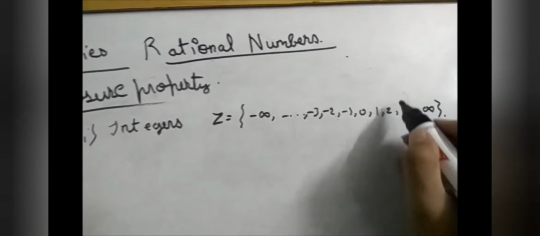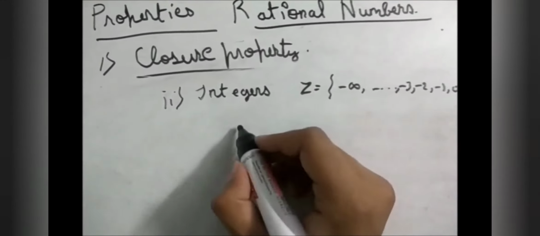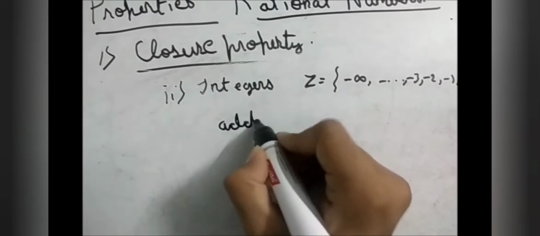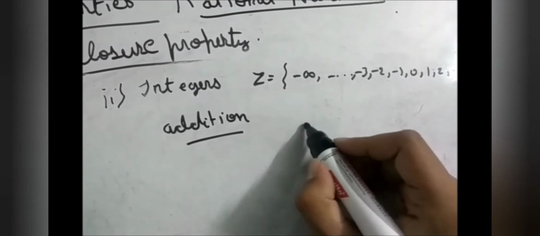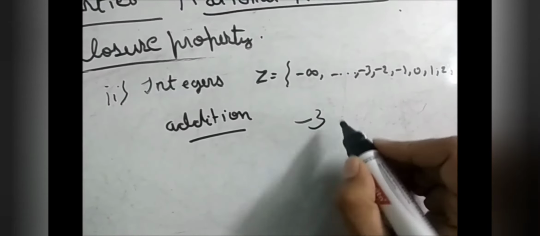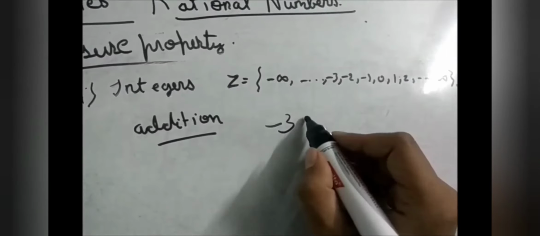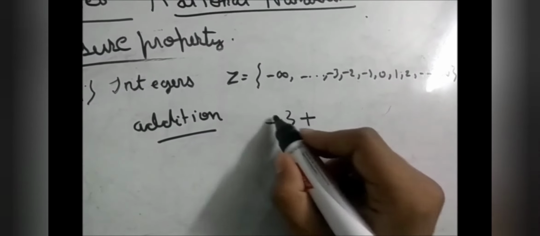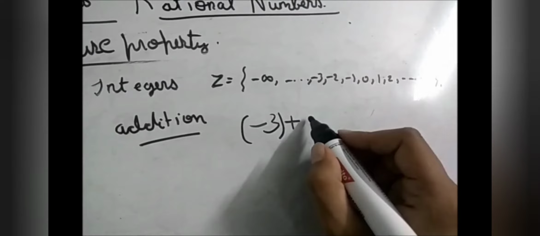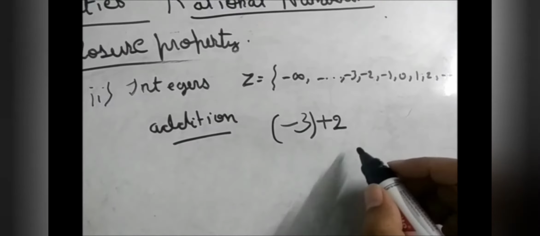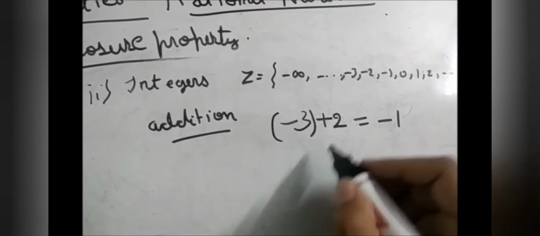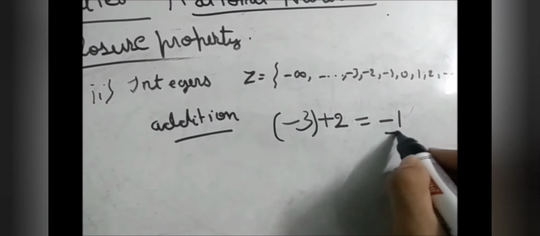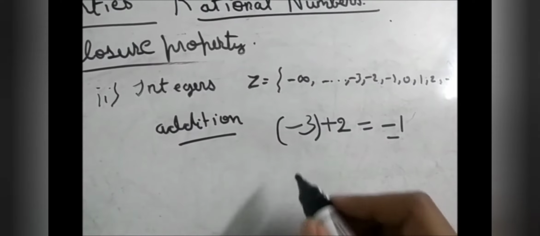Now if we take addition, we can consider any elements from the set. Let me take minus 3 plus 2, which is equal to minus 1, and which is present in the set of integers.